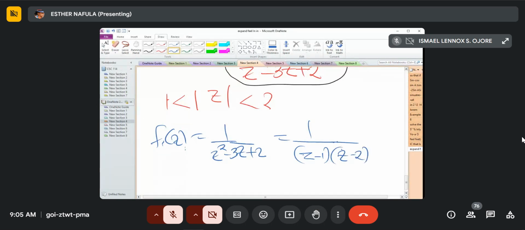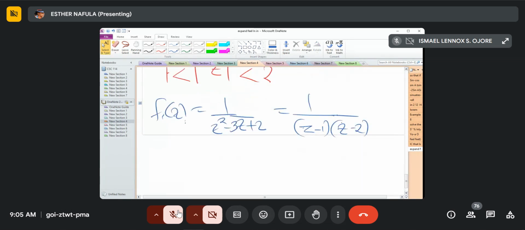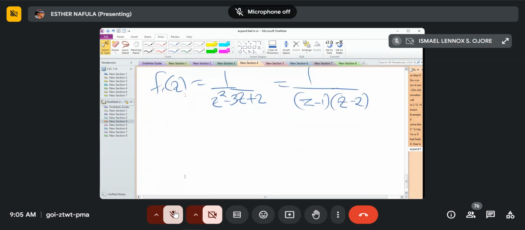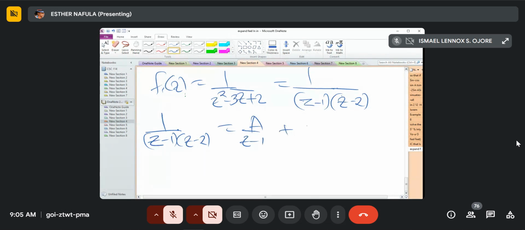Product is 2, sum is -3. That's what you get, right? Yes. So we now have to decompose this: 1 over z minus 1, z minus 2 is a over z minus 1 plus b over z minus 2.